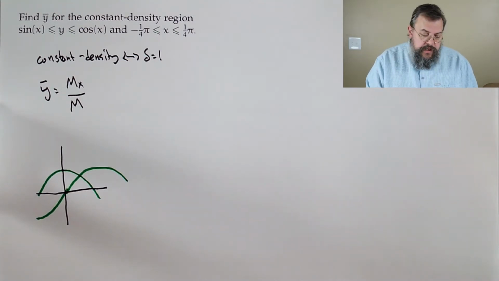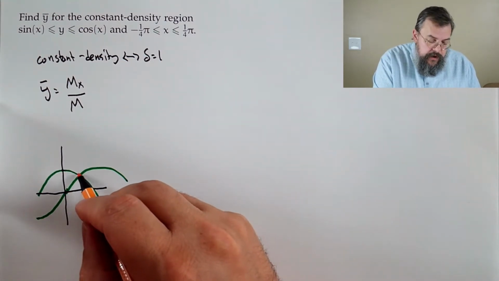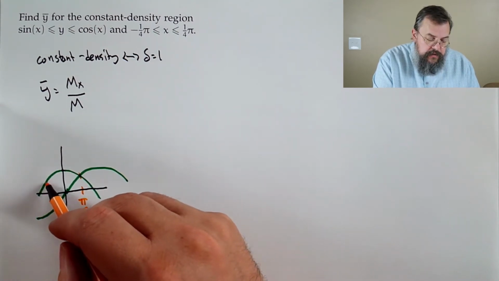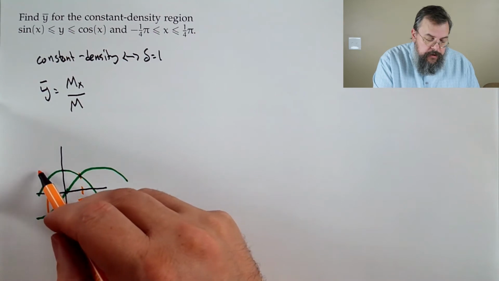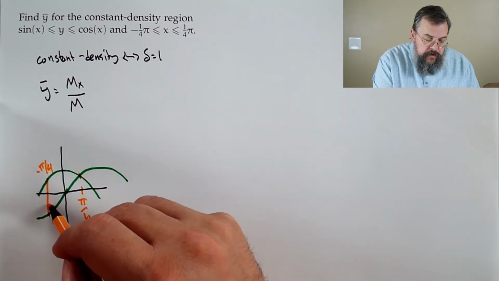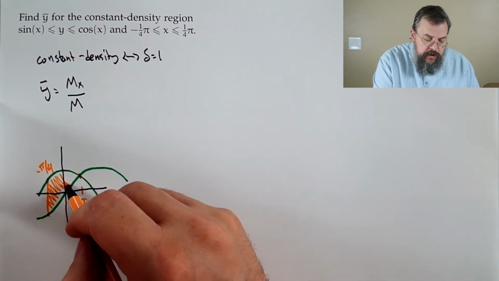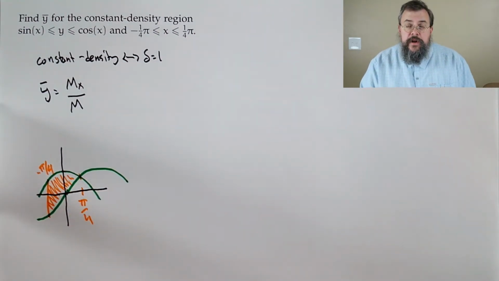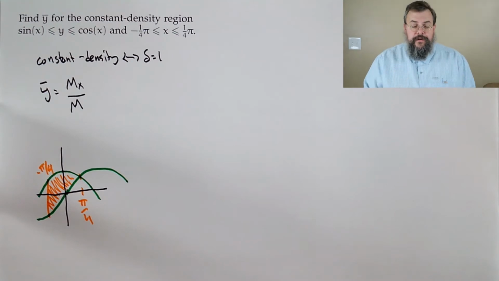In terms of the picture, pi over 4 is at this intersection point. Negative pi over 4 is over here. So that's the shape of our region. There's our region, and the question is, where's the y-coordinate for the center of mass?